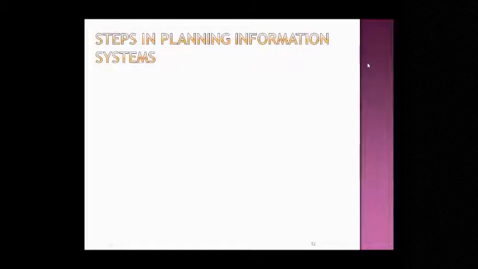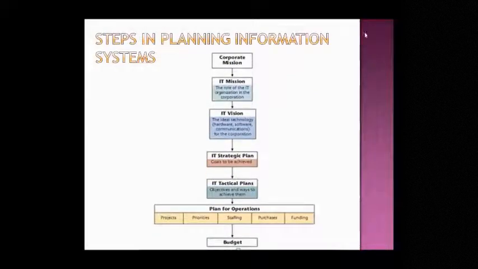Steps in planning information system. So you will see here the corporate mission with this hierarchy. The IT mission, that is the role of the IT organization in a corporation. The IT vision, the ideal technology like the hardware, software, communications for the corporation. The IT strategic plan, it is the goals that have to be achieved.